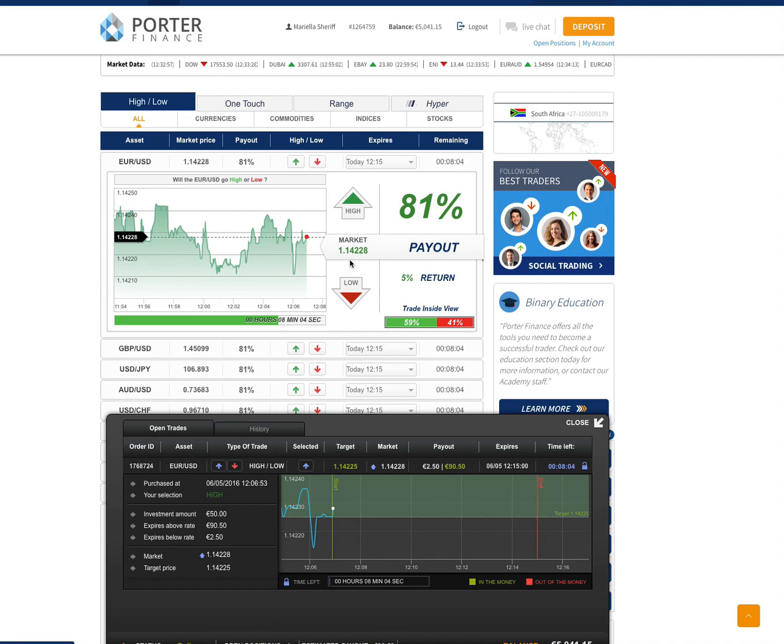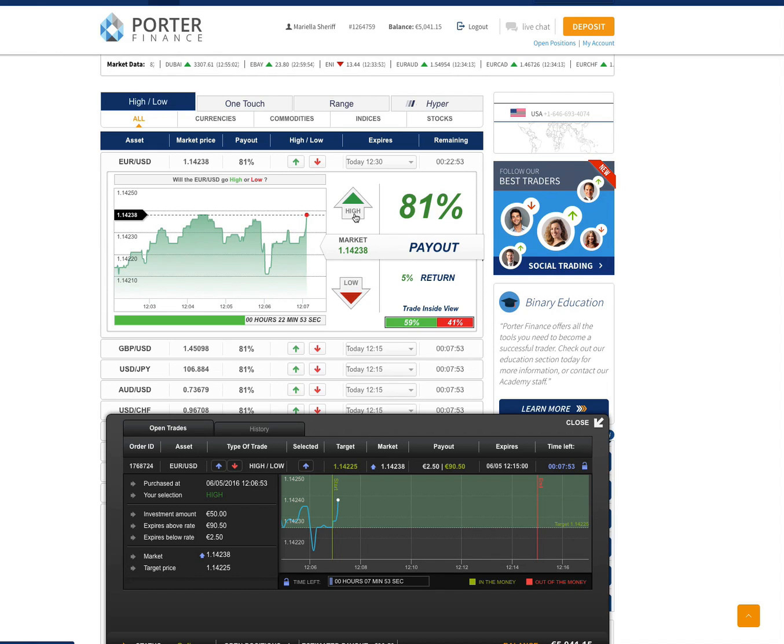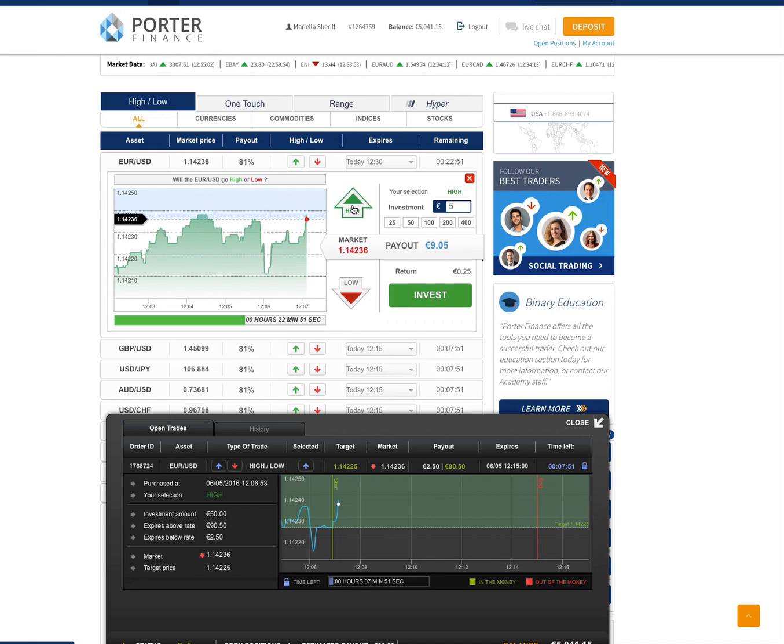And then I'm taking another trade, but this time my expiry is going to be in half an hour, at 12:30, which is about 20 minutes. Oops, don't go too high on me. So I'll take a high, and this time it will be for 100 euros and reinvest.